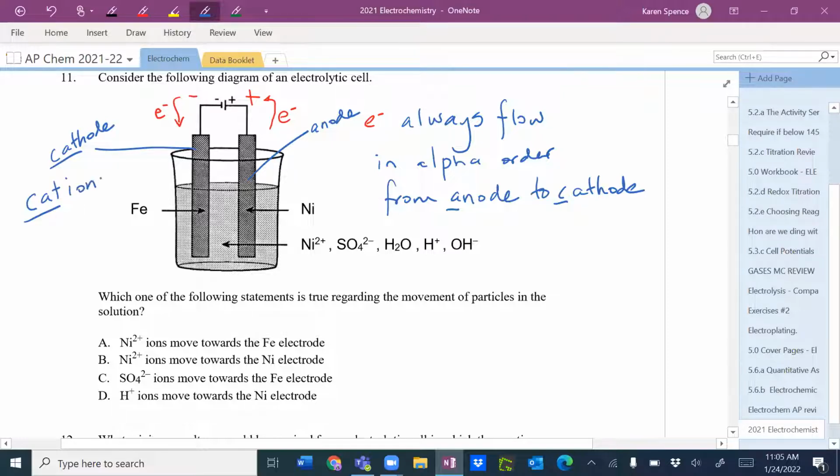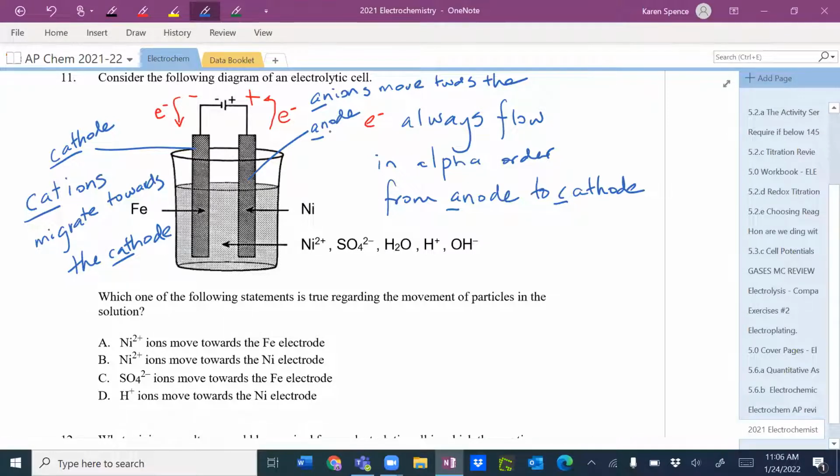So cations migrate towards the cathode, and anions towards the anode, and that's how the anode got its name. Our cathode is the iron, so the nickel 2+ ions will move towards the iron electrode. Why doesn't iron get oxidized?